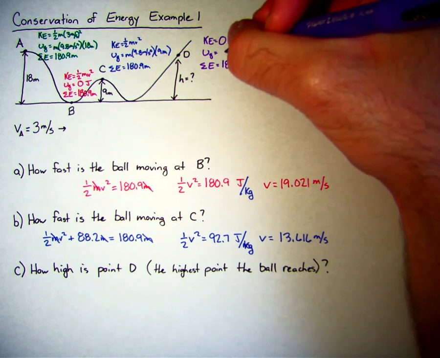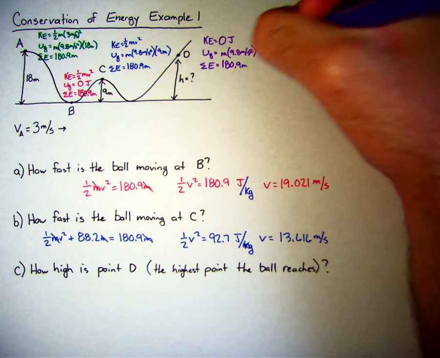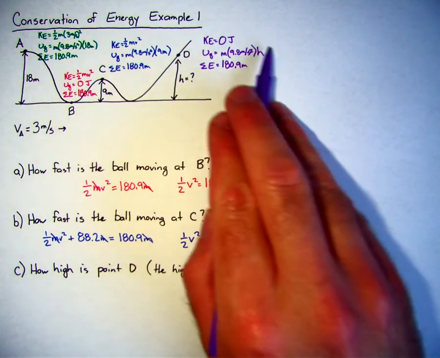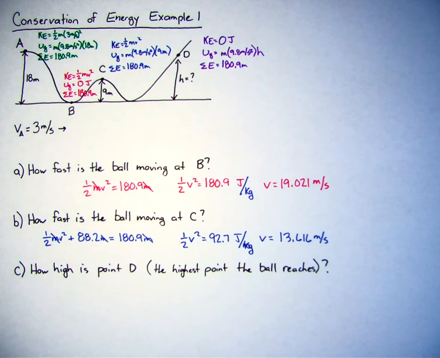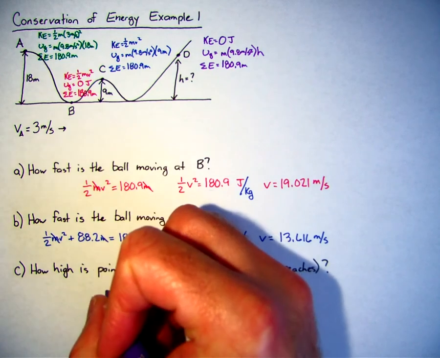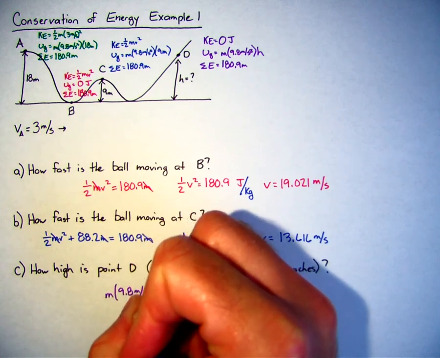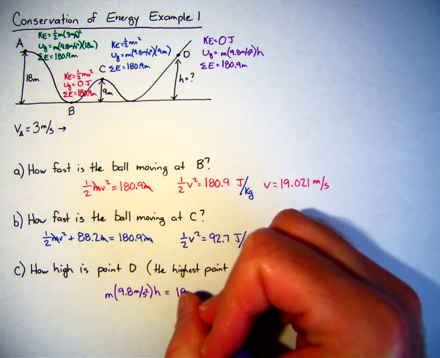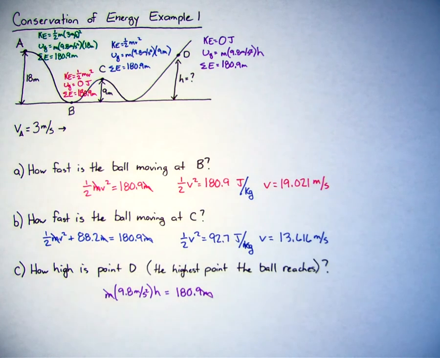The gravitational potential is just mass times 9.8 meters per second squared times h, which means the equation I would set up here for my conservation of energy is 0 plus m times 9.8 meters per second squared times h equals 180.9 m. Again, I can divide both sides by the mass, so that cancels out.